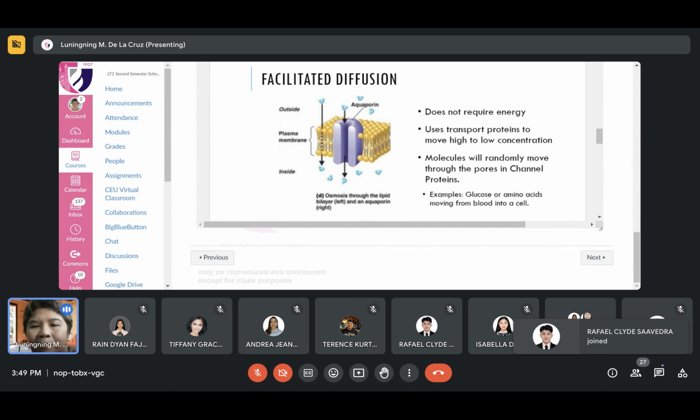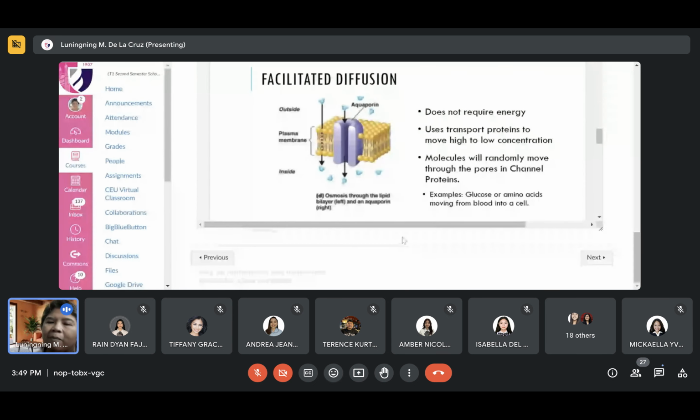Molecules will randomly move through the pores in the channel protein, so they have a passage. The channel protein serves as a passage of our materials from high concentration to low concentration.